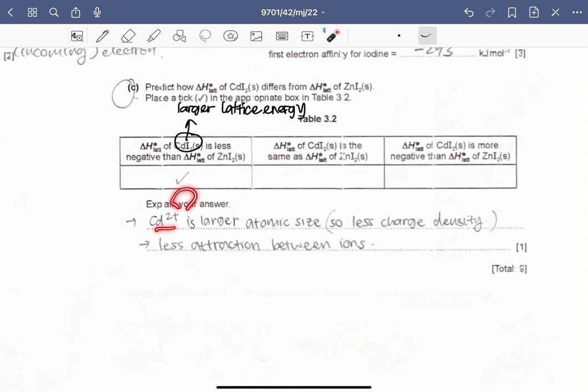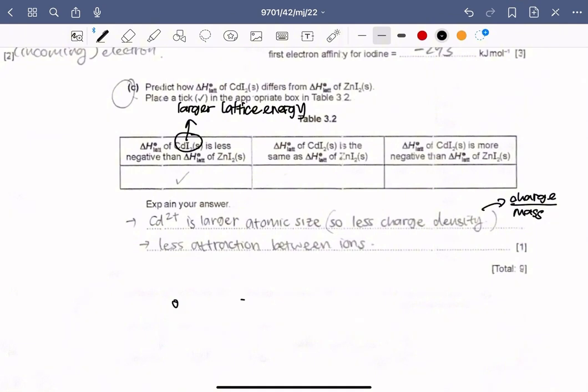So explain your answer. This is because Cd2+ has a larger atomic size, so less charge density. Charge density is charge over size. So because Cd2+ has a larger atomic size, there is less charge density, and therefore there is weaker nuclear attraction between the ions.